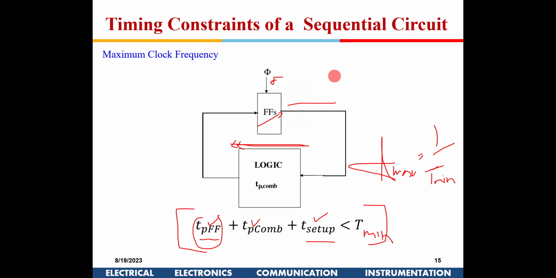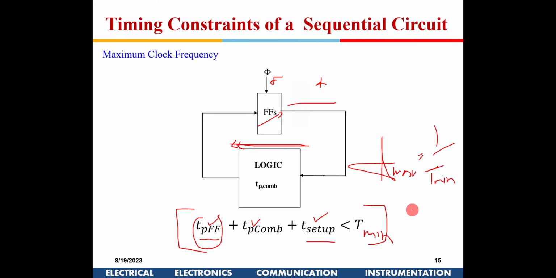So before the next edge of the clock comes, you should cater for these three timings. This will give the minimum time between two edges of the clock. So F max will be 1 divided by T min. Is it okay?